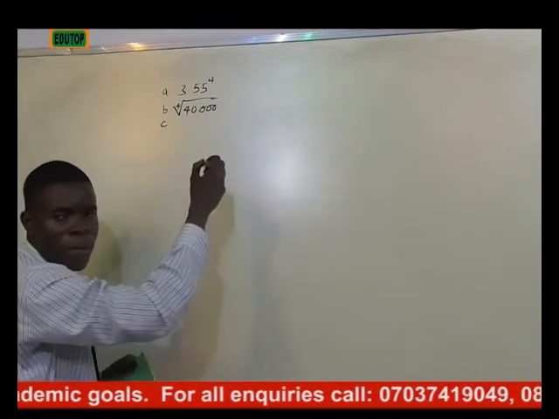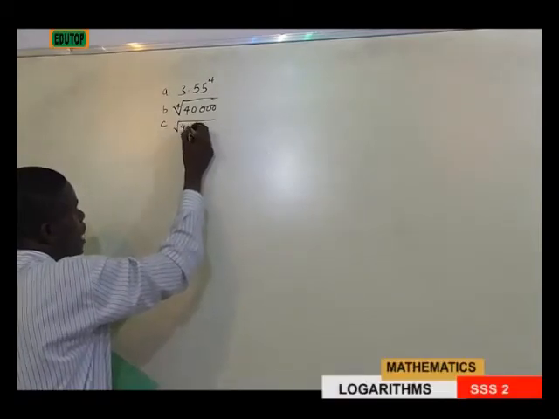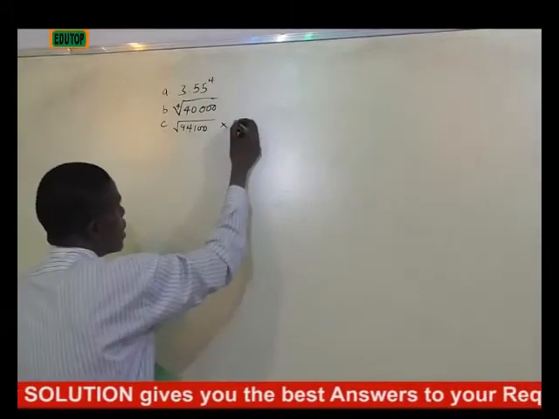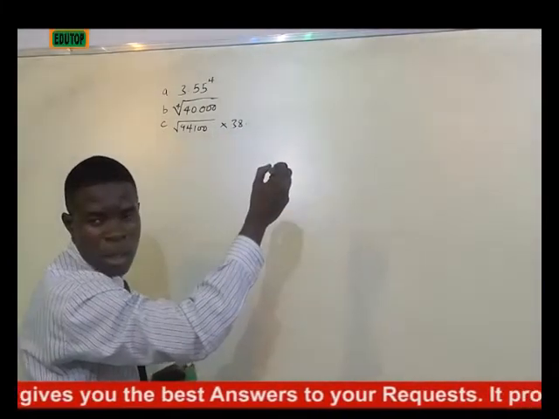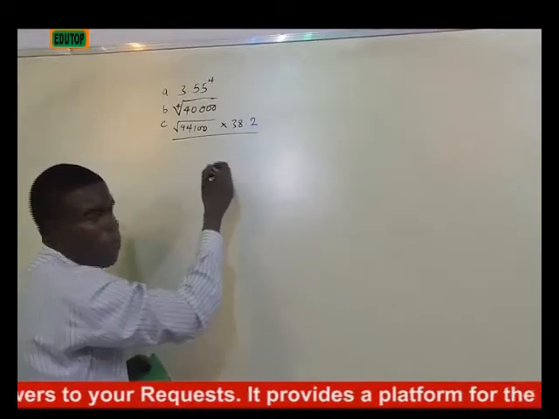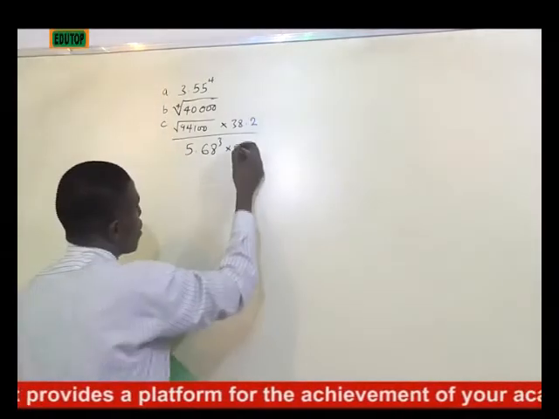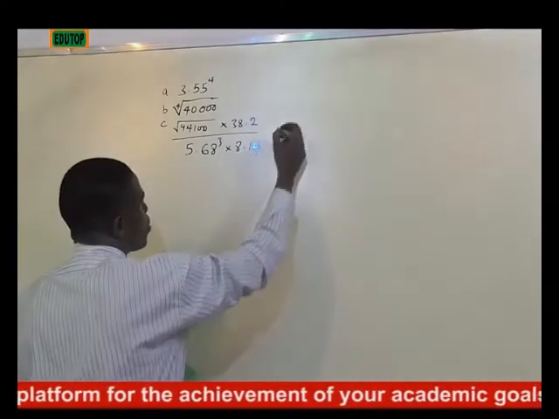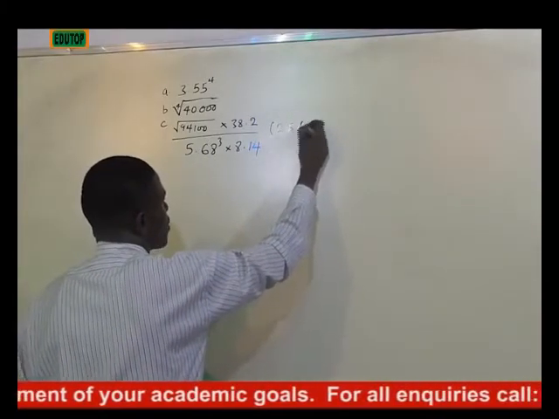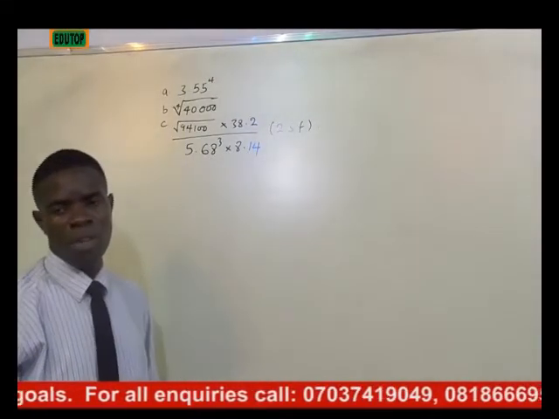Then C, we have square root of 94,100 times 38.2 divided by 5.68 raised to power 3 times 8.14. The instruction on this one is that we have to express it to 2 significant figures.